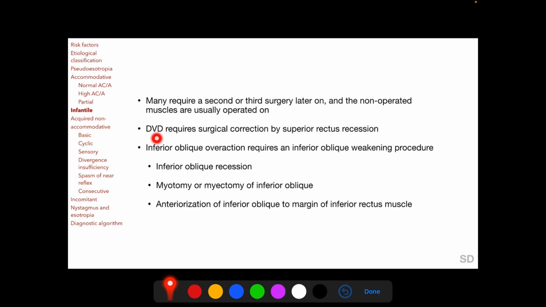Dissociated vertical deviation requires surgical correction by superior rectus recession, which weakens the superior rectus muscle, and inferior oblique overaction causing over elevation in adduction requires an inferior oblique weakening procedure, which can be recession, myotomy or myectomy of the inferior oblique, or anteriorization of the inferior oblique to the margin of the inferior rectus muscle.